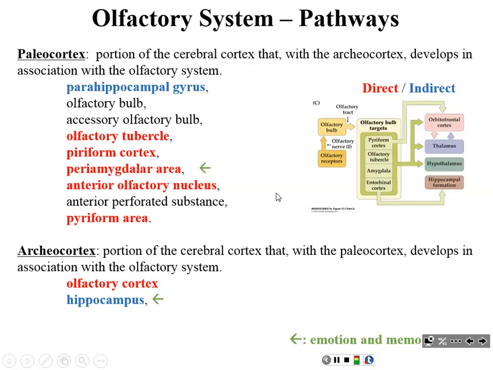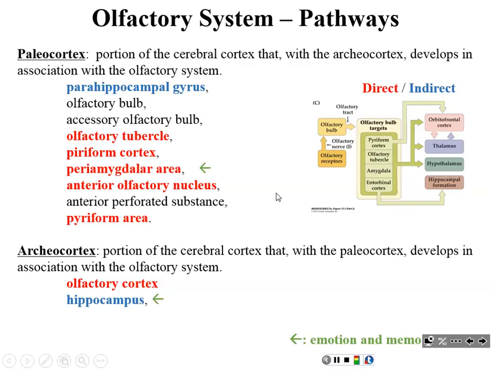Okay? And it is believed, it's hard to prove, but it's believed that these projections from the olfactory bulb into areas that have to do with emotion and memory are the reason why, for example, we open a cupboard at home and we smell something and we remember our grandmother because it's the same smell that our grandmother had in her cupboard.